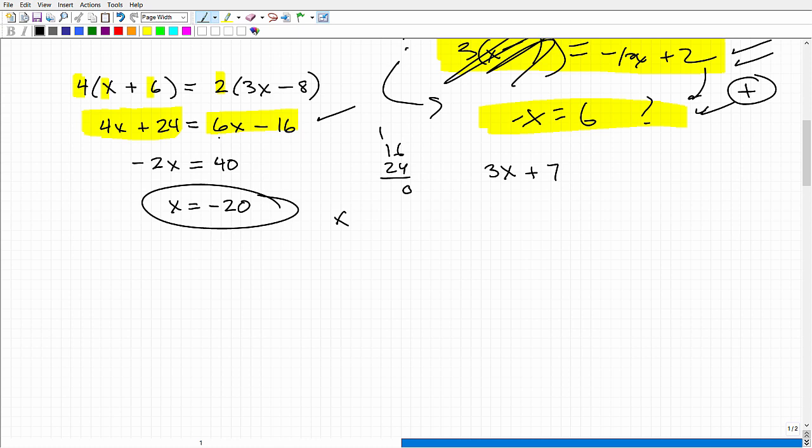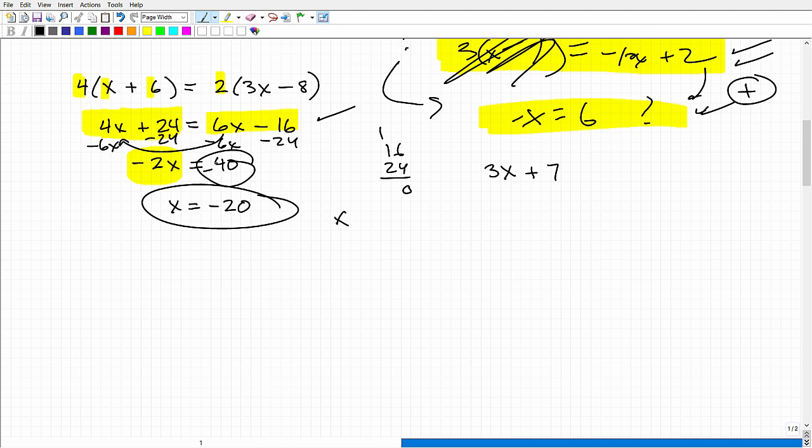Now they moved this 6x over to the left-hand side. They subtracted 6x. I would prefer them to write out minus 6x and minus 6x, but I can see they got the right answer over here. They know what they're doing, but here they're supposed to subtract 24 from both sides, meaning that it should be a negative 16 plus a negative 24.